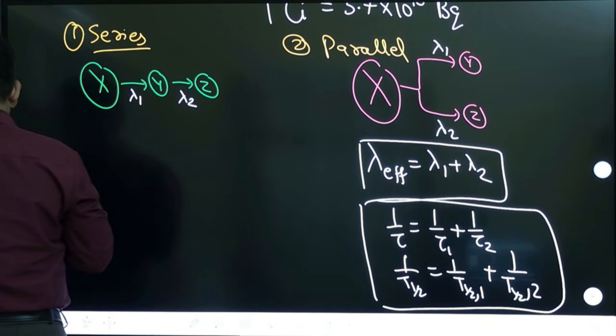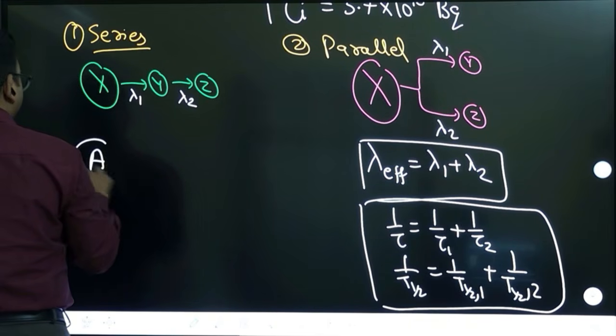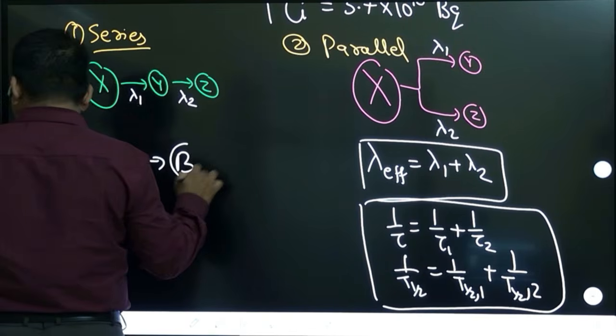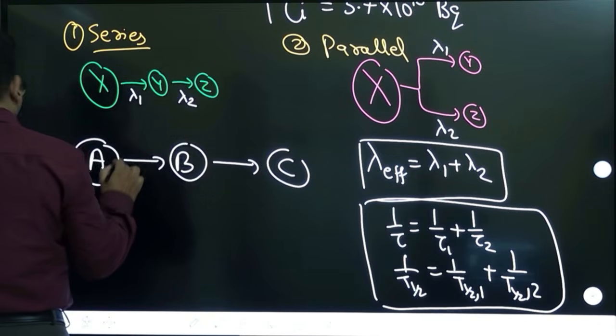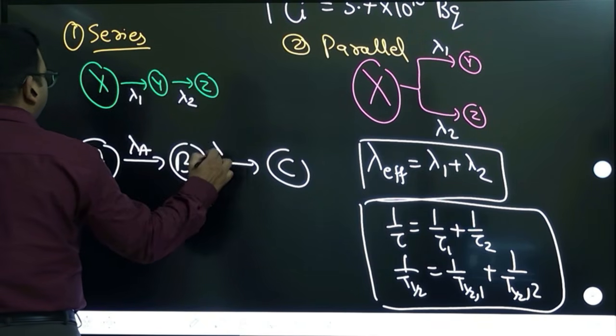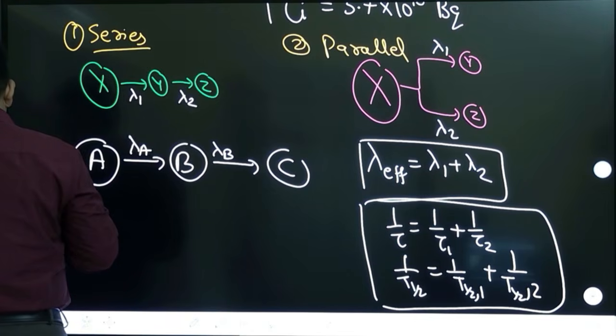So in series, suppose I write it this way: A is going into B, and B is further disintegrating into C, and so on. And suppose this is lambda of A and lambda of B. So here we can write this formula.